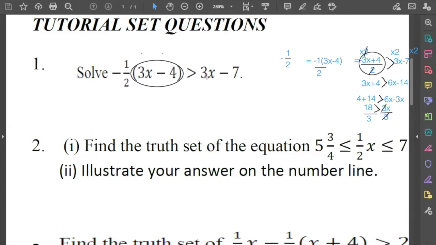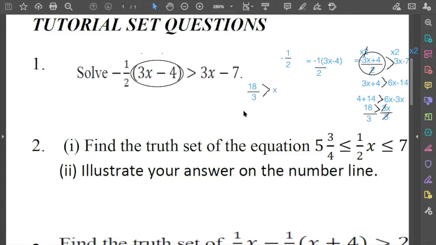So it is either going to be 18 divided by 3, which is greater than x.